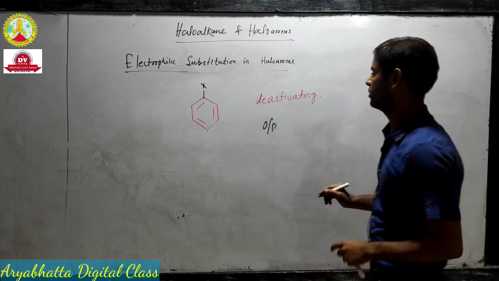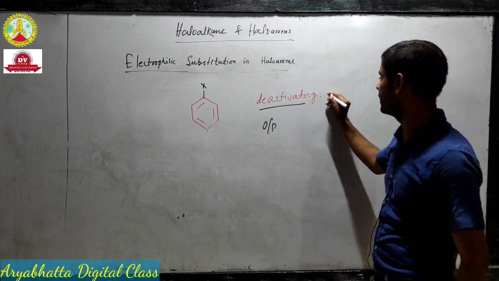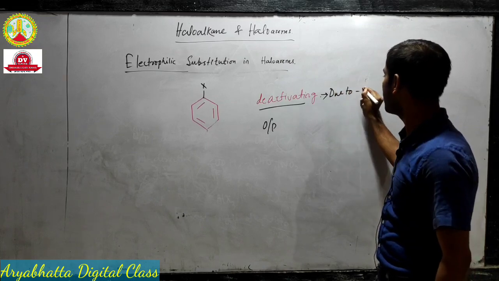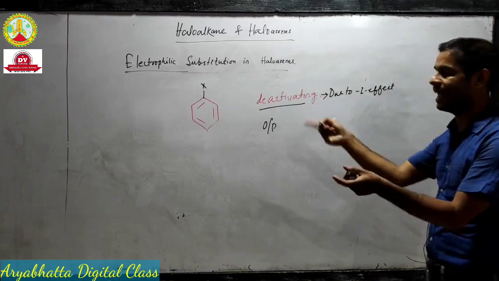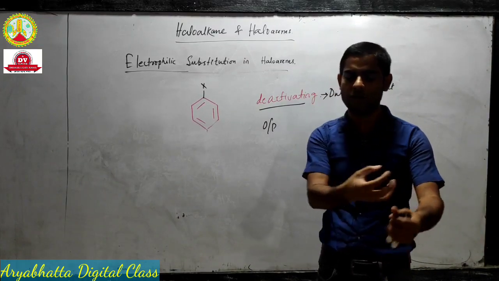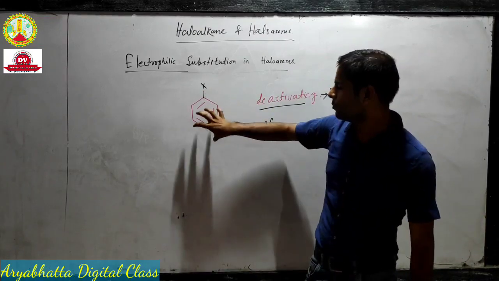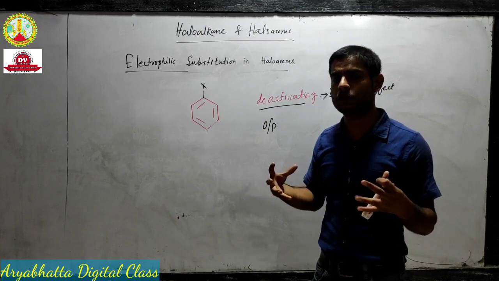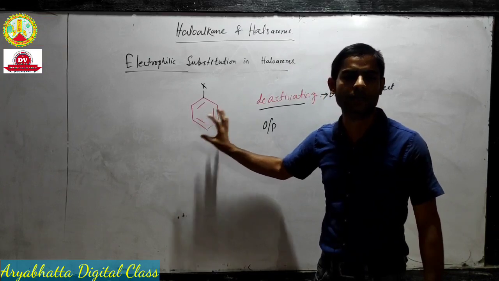So there are two things. First, halogen is deactivating, and why is it deactivating? Due to the minus I effect. We know that halogen is highly electronegative and it can pull the electron. The electrophilic substitution is happening due to the high density of electrons in the ring.